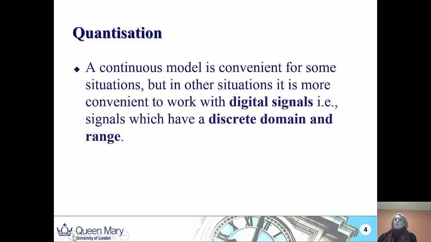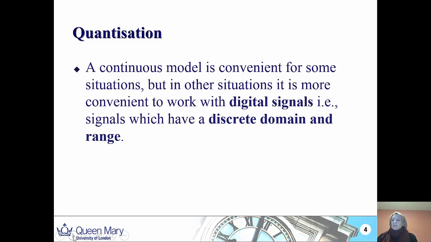Also for the communication of human sensor data, which again can take a wide range of values and should be specified in a good level of accuracy to ensure that reliable operation of this data takes place with regards to human life. So a continuous signal is convenient for some situations, but in other situations it's more convenient to work with digital signals which need to be communicated across the communication channel.